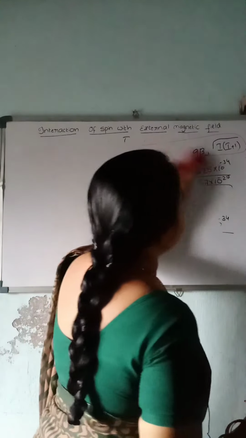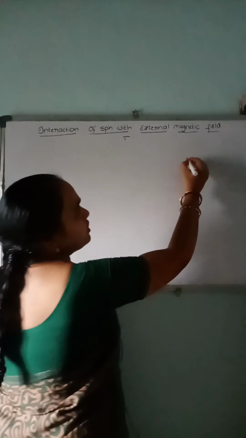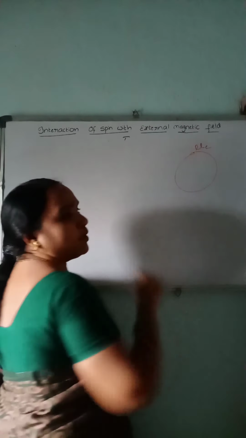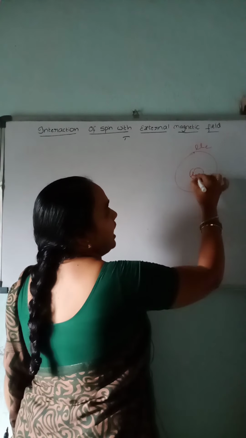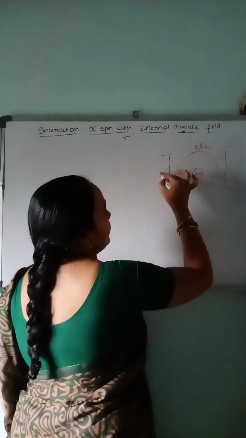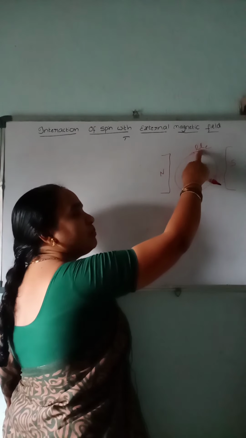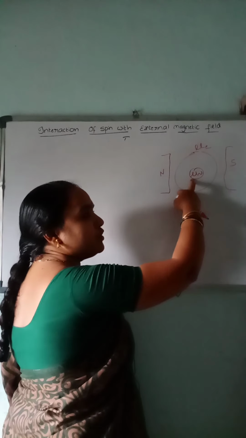Let us see what happens when these atoms are placed in an external magnetic field. Let the hydrogen atom be placed in an external magnetic field. This is the hydrogen atom, having the magnetic dipole moment for the electron mu e, and the nucleon having the magnetic dipole moment mu n. When it is placed in an external magnetic field, there is some interaction between the magnetic dipole moment of the electron and the magnetic dipole moment of the nucleus with the external magnetic field.